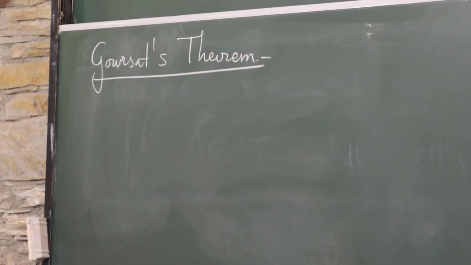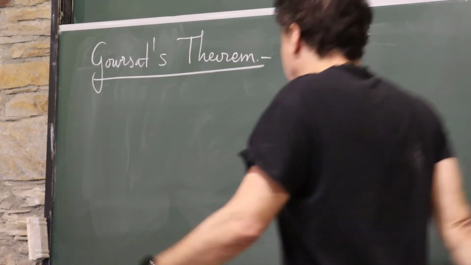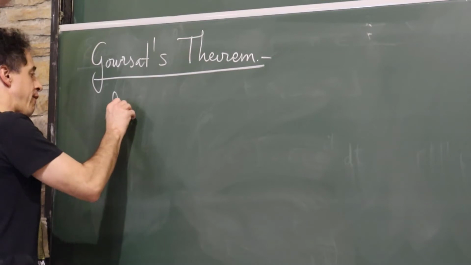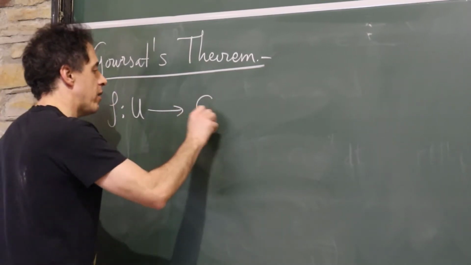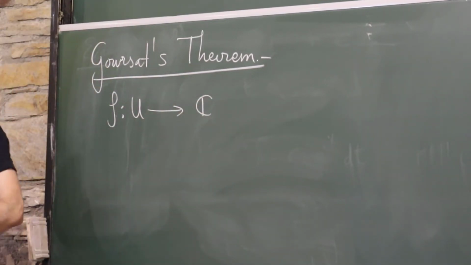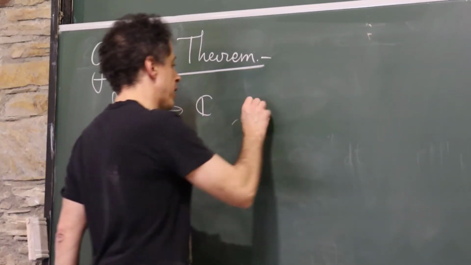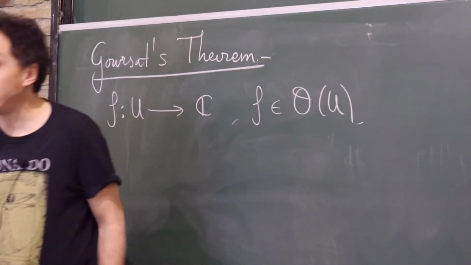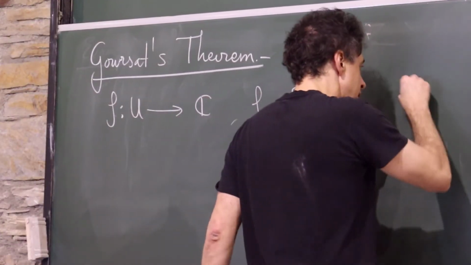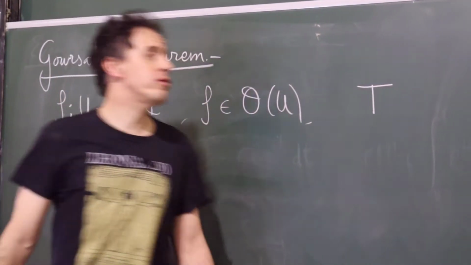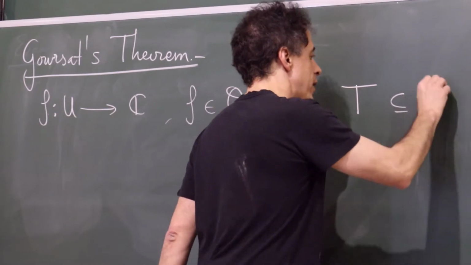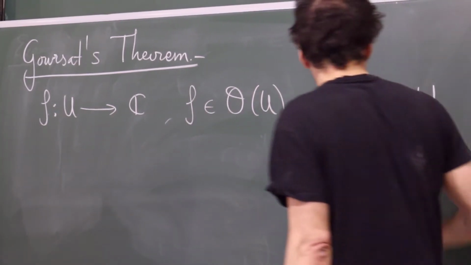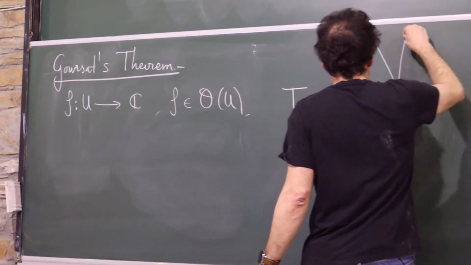Goursat's theorem says the following: assume you have f defined on an open set U, holomorphic, and take any triangle T contained in U. With a triangle, I mean the full triangle, not only the border.